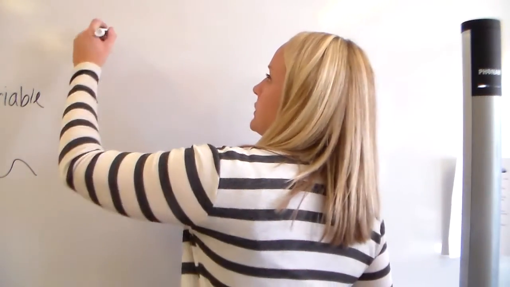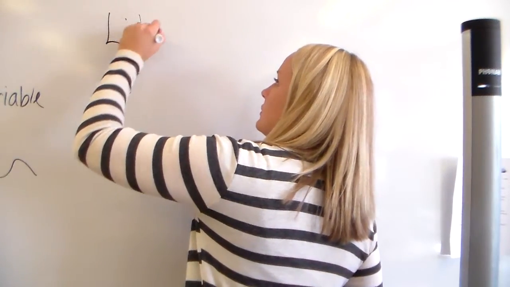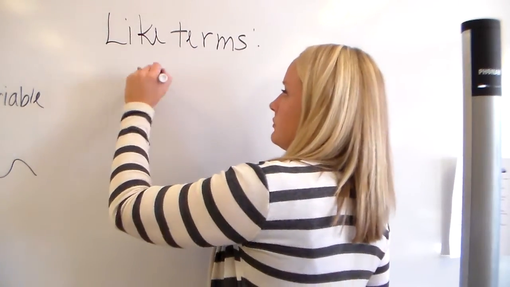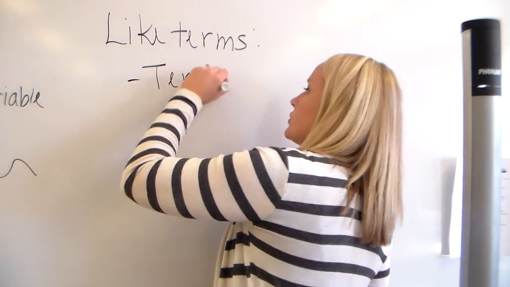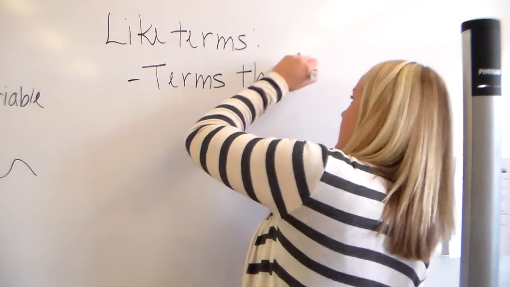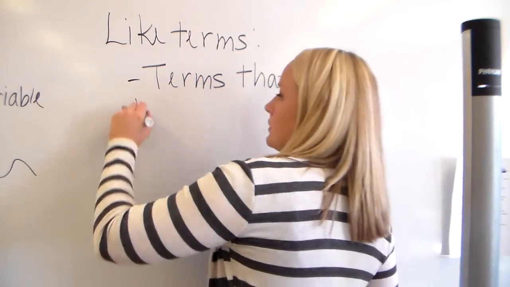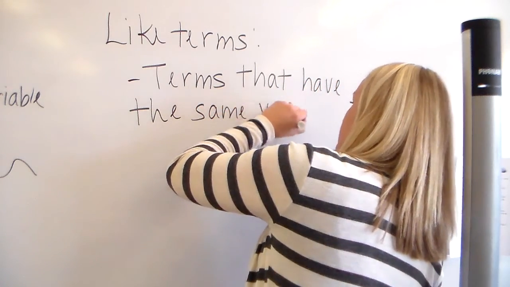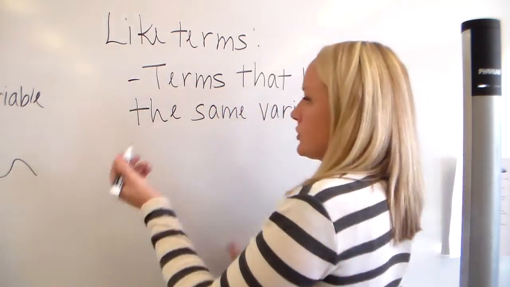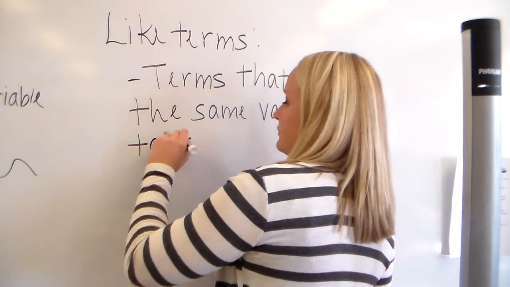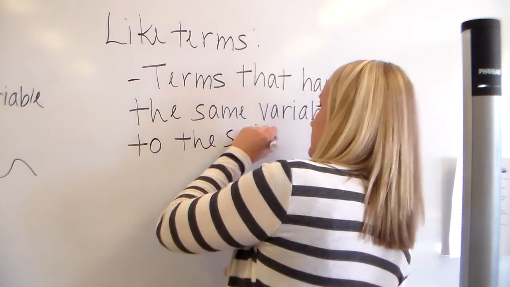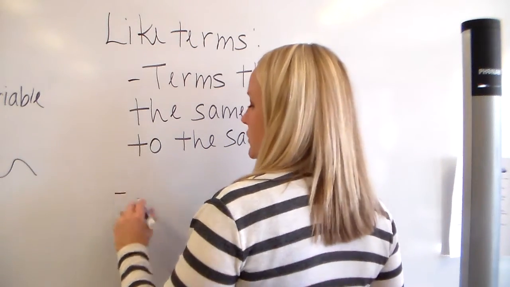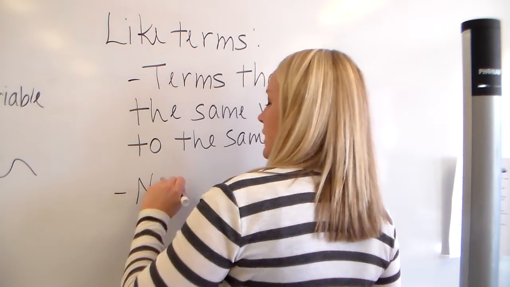So like terms are terms that have the same variable which is going to be raised to the same power. Like terms are also numbers by themselves.